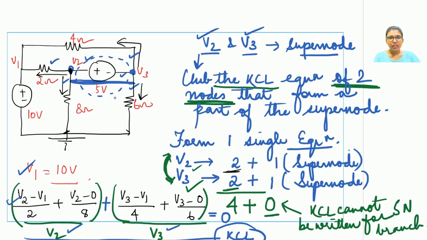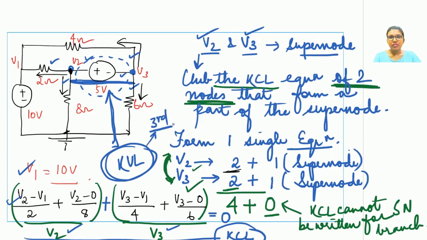However, can a KVL equation be written for this branch? Yes. Due to the presence of a voltage source only between the two non-reference nodes, instead of framing a KCL equation, a KVL equation can be framed. And that forms the third equation of the circuit.